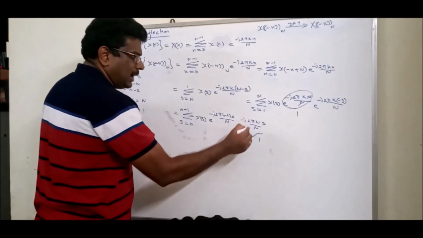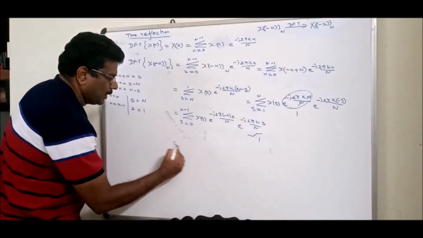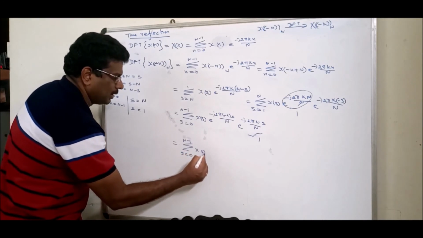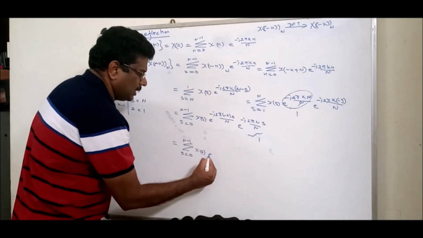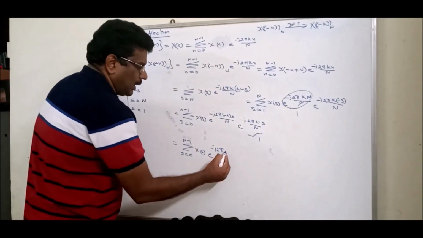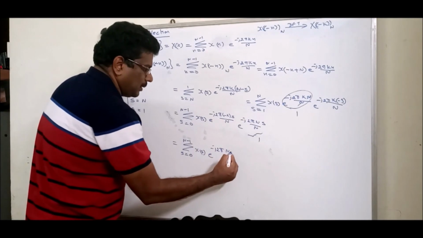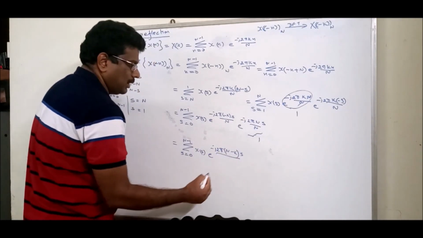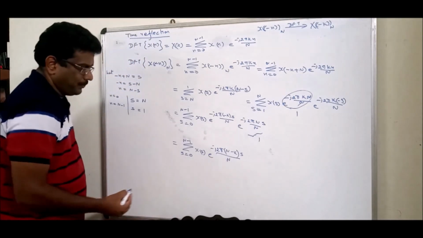So n and n cancel, its value will be 1. Summation s is equal to 0 to n minus 1 x of s, e power minus j 2 pi, capital N is there, minus k is here, s is common, divided by n.